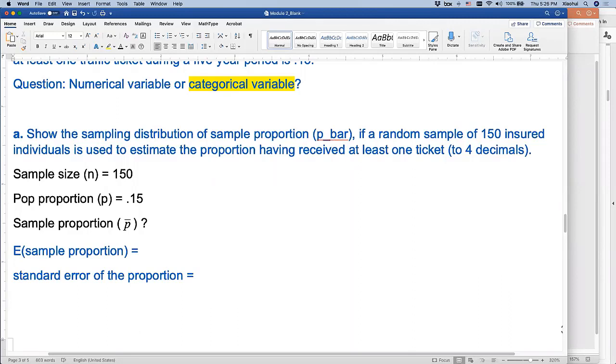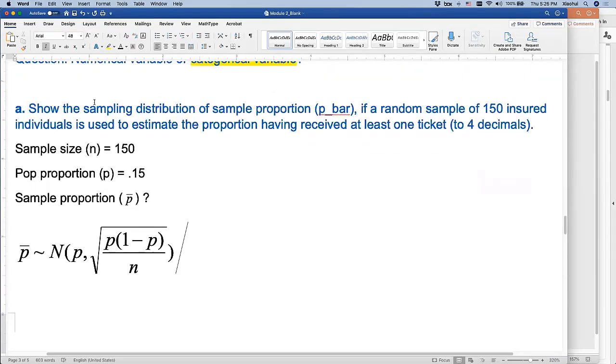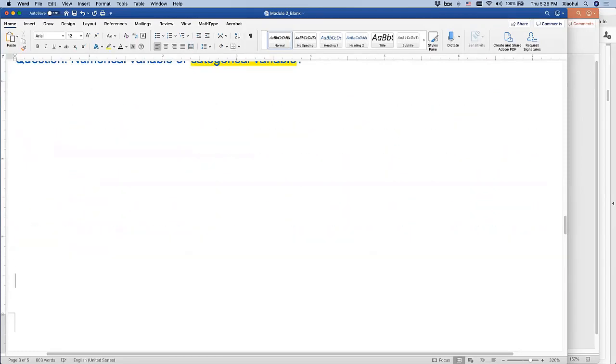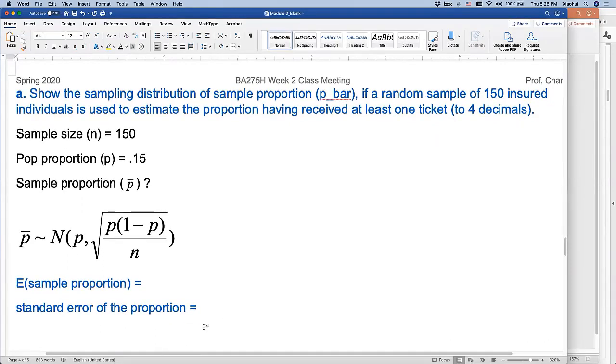I'm going to write out this theorem here. In order to use it, we have to verify whether the assumption is checked or not. To check the assumption, you are going to use n multiplied by p.